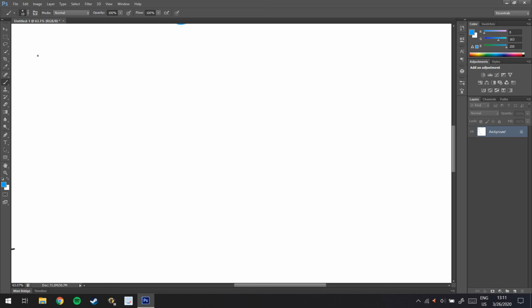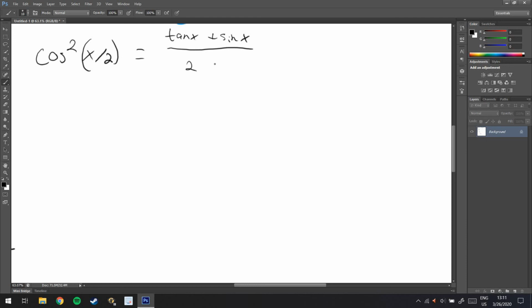So I'm going to verify, let's go back to my default, cosine squared x over 2 is equal to tan x plus sine x all over 2 tan x. Now the question is, how can I rewrite this, because I don't have identities for cosine squared in a half angle. I have identities for cosine in a half angle. So how can I rewrite this?